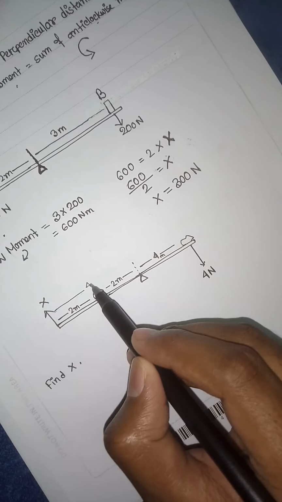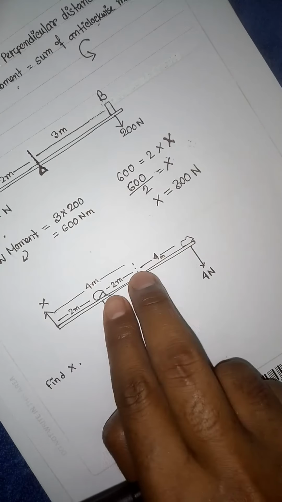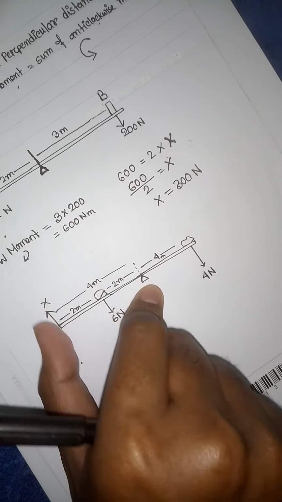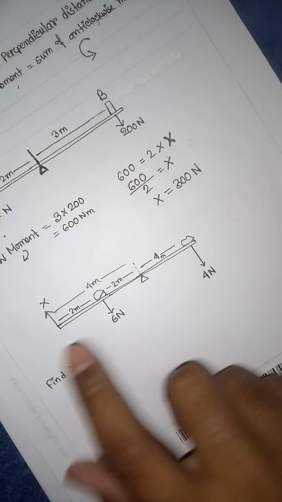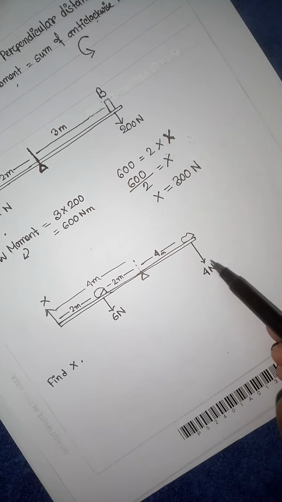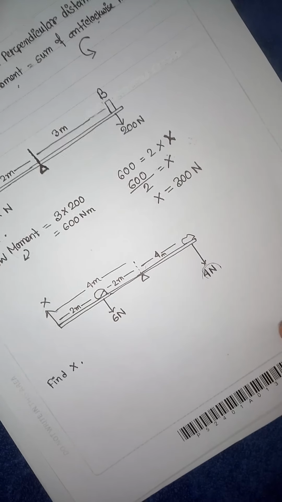Why 4 meters? Because 2 meters and 2 meters make 4 meters from the pivot point. This force is also acting at a distance of 4 meters from the pivot.